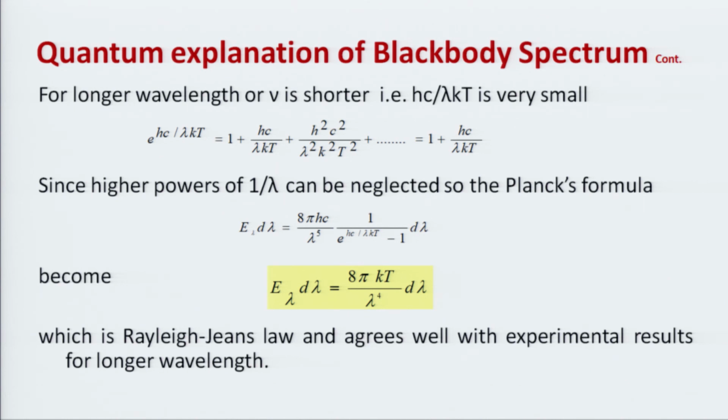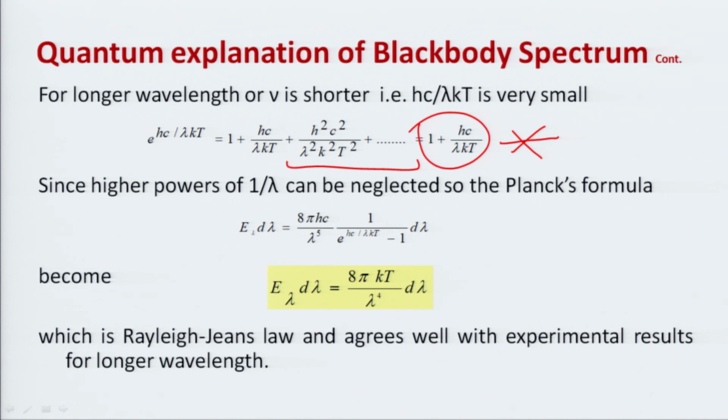But since the lambda value is very large, 1 upon lambda term is very small, so we can neglect all these higher terms, and by solving we have e to power h c by lambda k t equal to 1 plus h c by lambda k t, all the higher terms ignored.